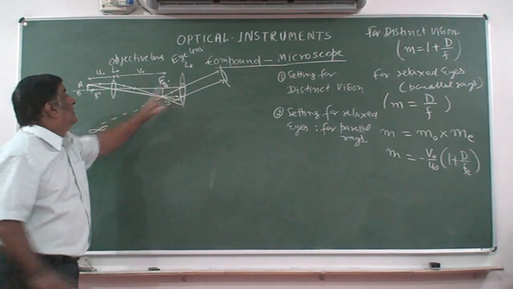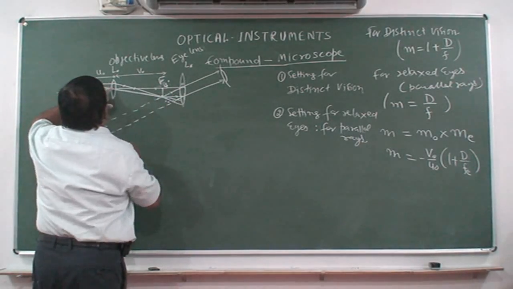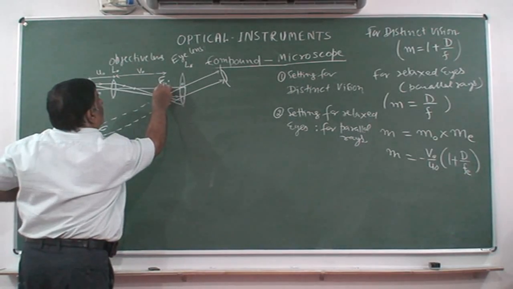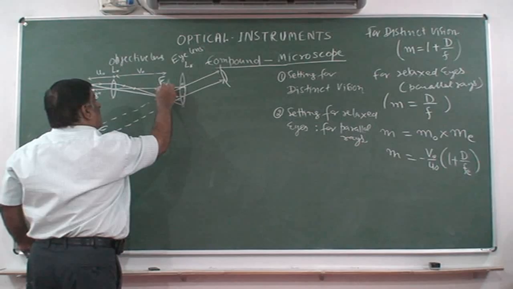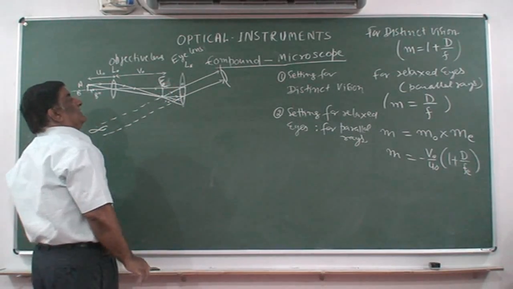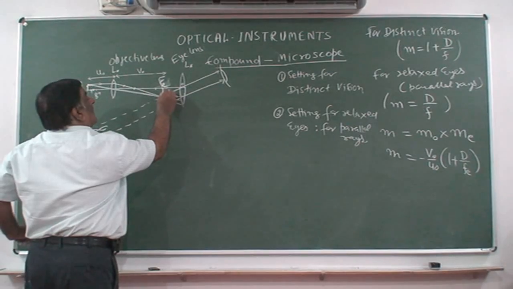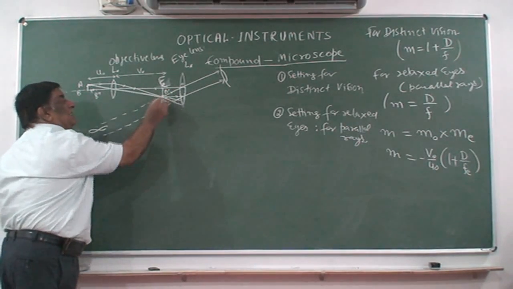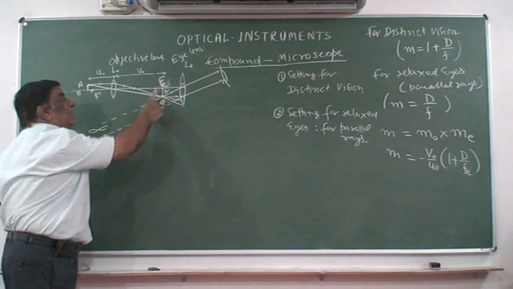What will you do? The focal length of eyepiece. This is focal length of eyepiece. Remember? Focal length of eyepiece is here, and here is the A dash, B dash at the same place. So this is A dash, B dash. Focal length of eyepiece is here.